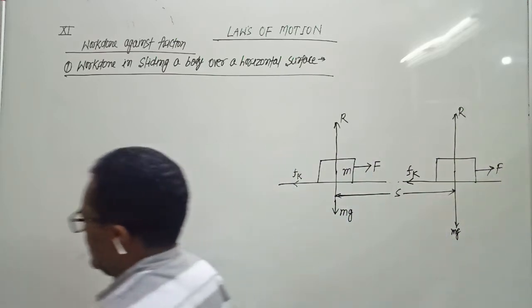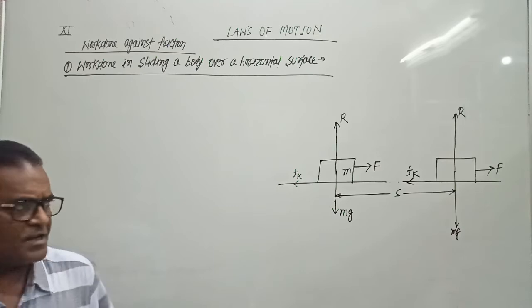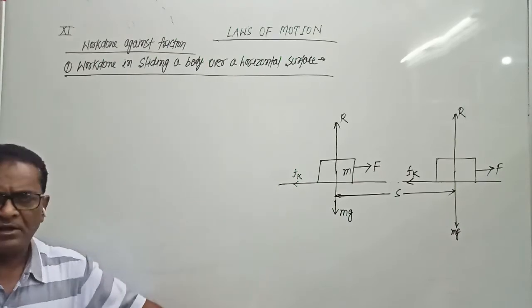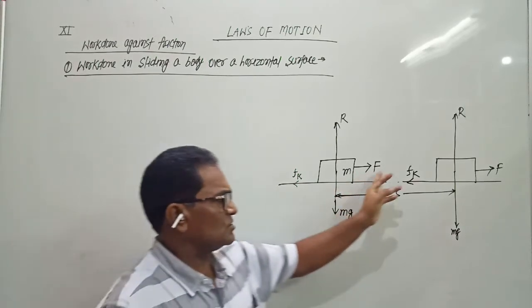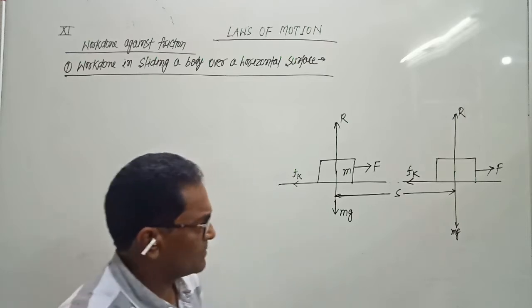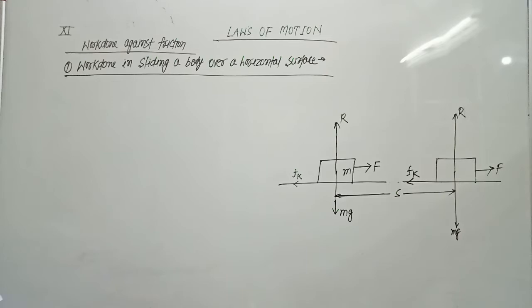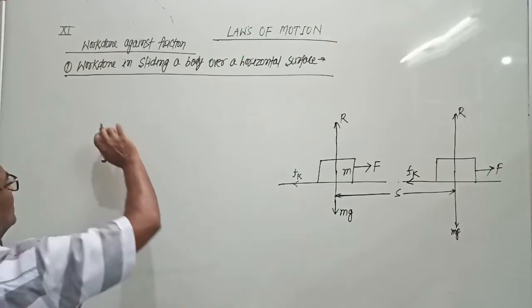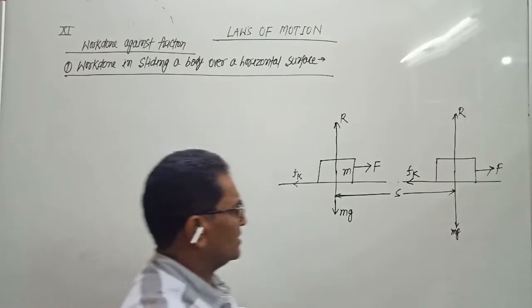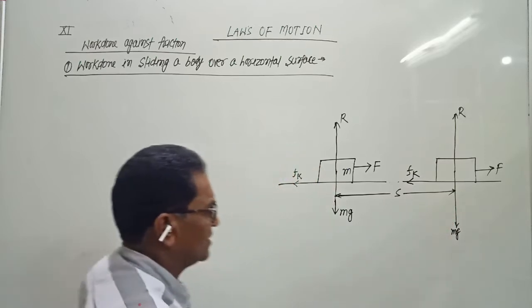So we have to find the expression for work done when, after applying a force on a body of mass m, the body covers a distance of s meter in the forward direction. The work is done due to the force of friction.